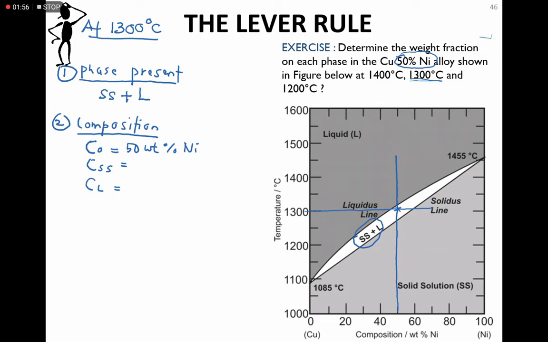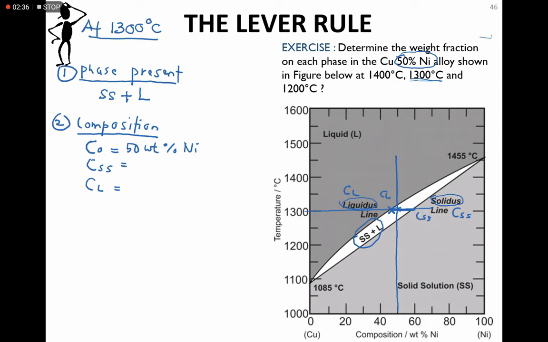How about the CSS and also CL? If you look here, you have the liquidus line and also the solidus line. For the solidus line, you can find the value of solid, CSS. And for the liquidus line, you can find the value for CL. So for your left side this is CL and for your right side this is CSS.